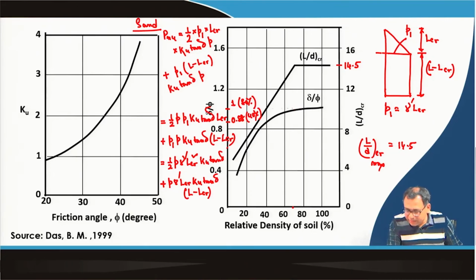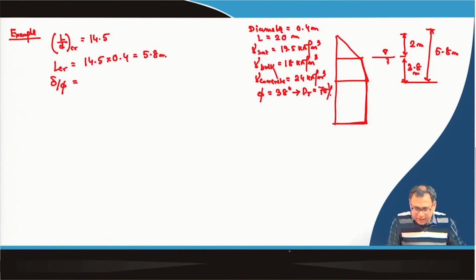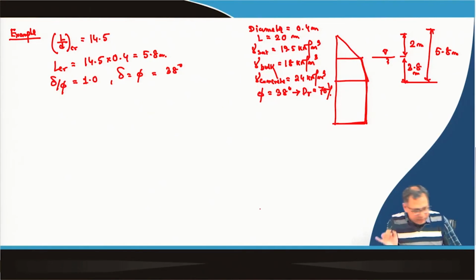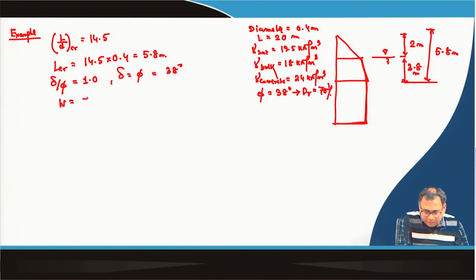So, delta is equal to phi, which is equal to 38 degree. Now, weight of the pile will be pi d square by 4 into L, L is 20 meter, into the density, which is 24. So, this is 60.3 kilonewton.